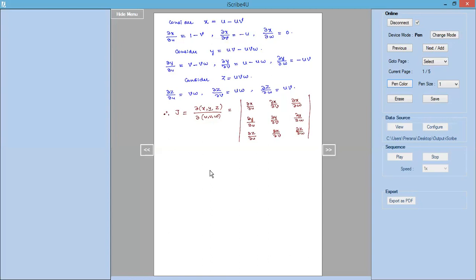Now let us expand this 3 cross 3 determinant, and before expanding, of course, we need to substitute the values that we obtained. 1 minus v, minus u, 0. v minus vw, u minus uw, minus uv. vw, uw, uv.